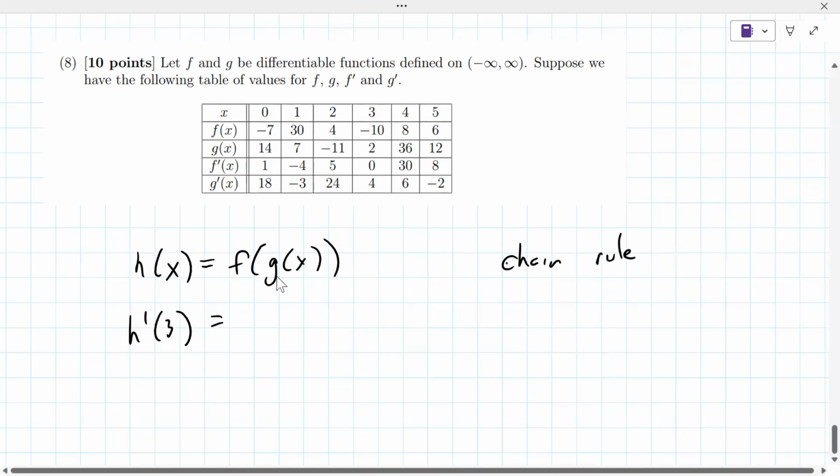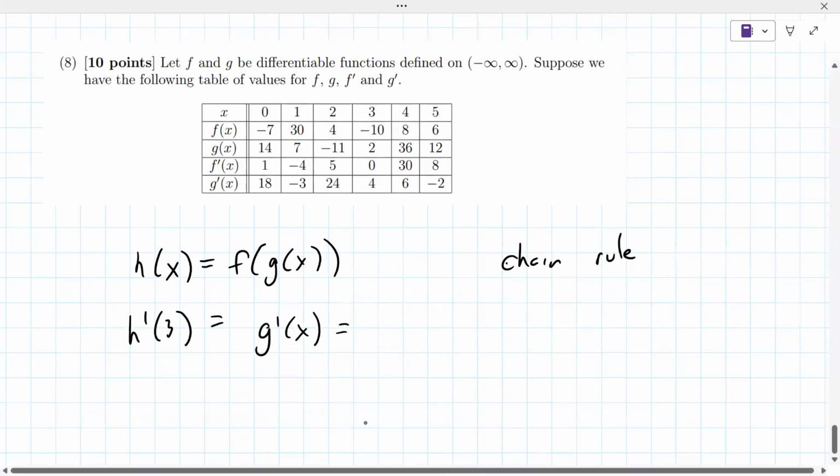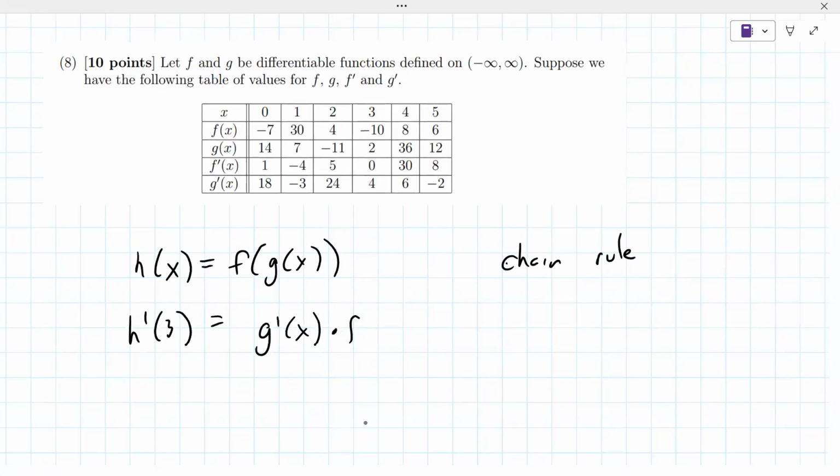Do you take the derivative first of the outside function or the inside function? I usually do inside. That's fine. g prime of x, and then what? f prime of g of x. Yes. That's h prime of x.